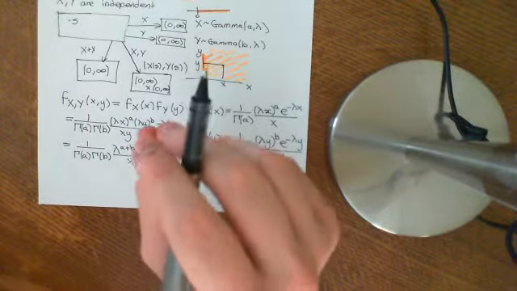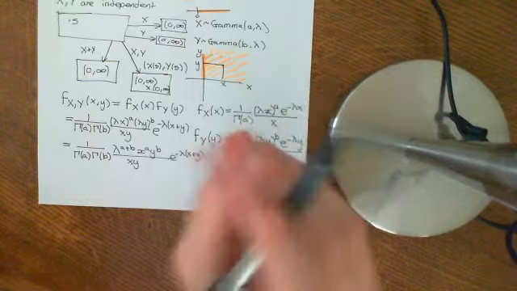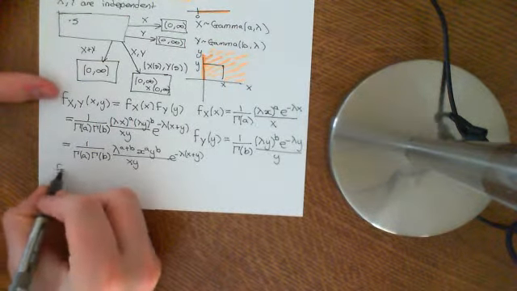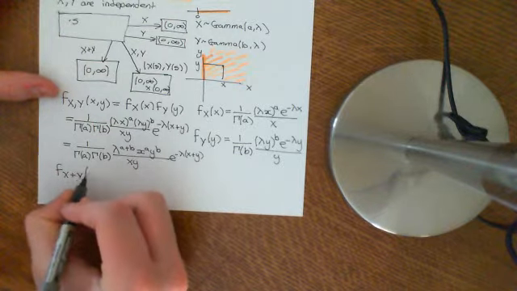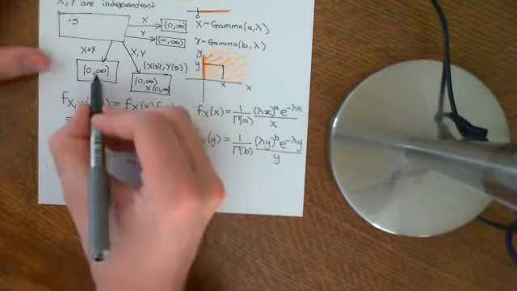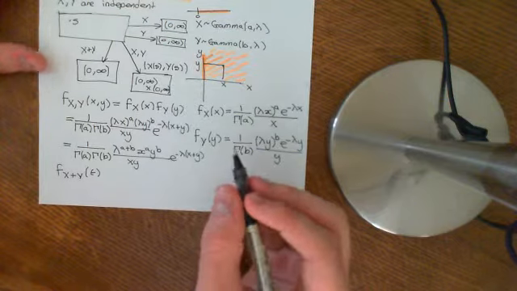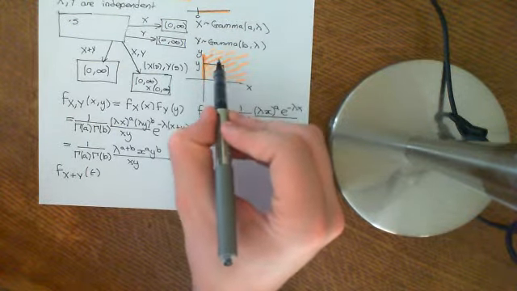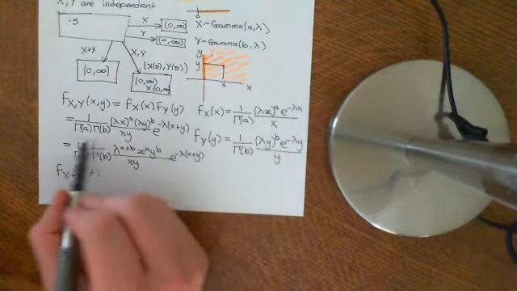Now, let's just concern ourselves with what the PDF is going to be at a certain positive number. So let's say what we want to know is what is the PDF of this convolution x plus y as a function of, let's say, little t, where t is some positive number. So what we want is to work out the probability using the fact that we know this joint probability density function.